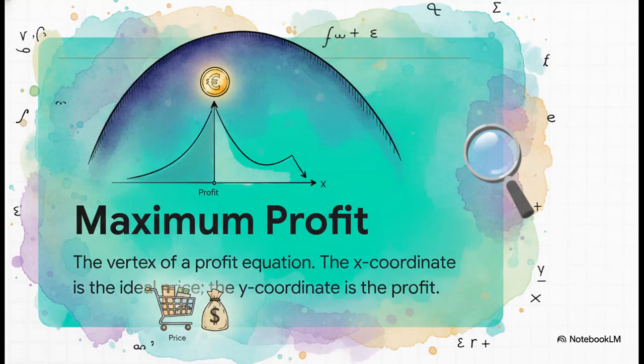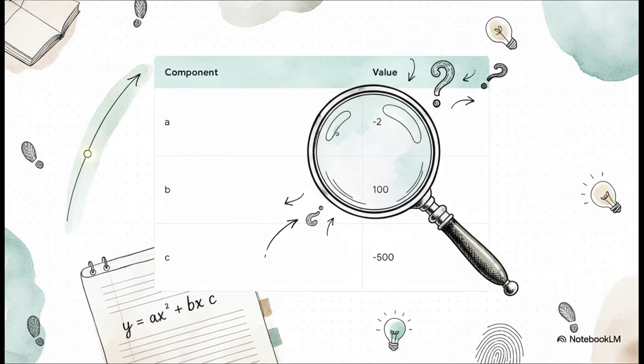And here's where it all connects. Since the a value in that equation is negative, the parabola opens downward. This means its vertex isn't just a point on a graph. It's the absolute highest point. It is the point of maximum profit. The x-coordinate tells them the ideal price to charge, and the y-coordinate tells them the highest possible profit they can make.